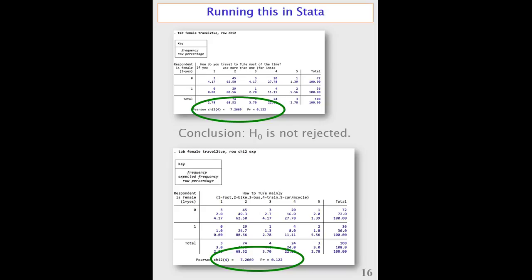Here I added the row as well, and here you see 4.7, 62.5, and so on. This row here adds up to 100%, so that it gets easier to see if there are differences percentage-wise in the distribution for males or females. That's the only reason. And given that there is an option to type row, you could correctly assume that there is also an option to type column, C-O-L. Then you get percentages column-wise instead of row-wise.